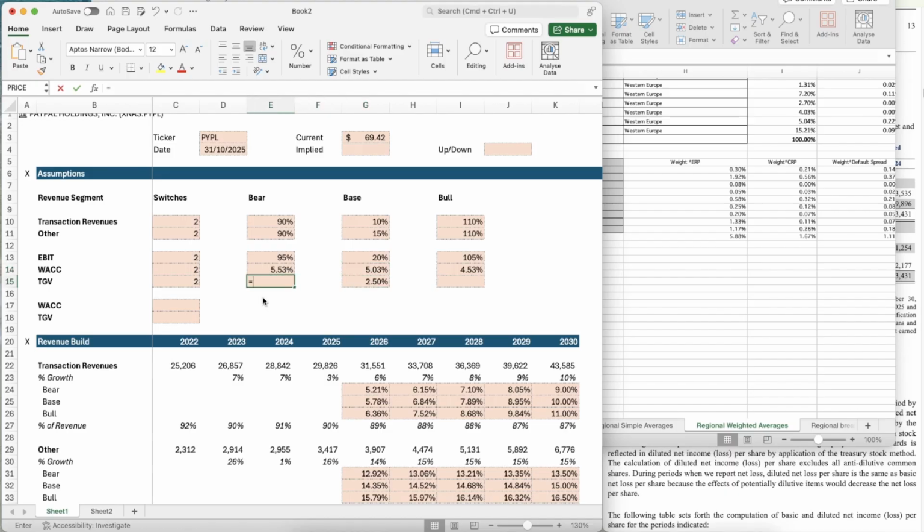And a bear case, we're going to do minus 0.5%. And a bullish, we're going to add, because the growth rate would be higher. And again, we want to have our switches so we can flick between all of these. But instead of using offset, we're going to use choose. And just select all of these, but make sure in the order that you can see them here. Close brackets.